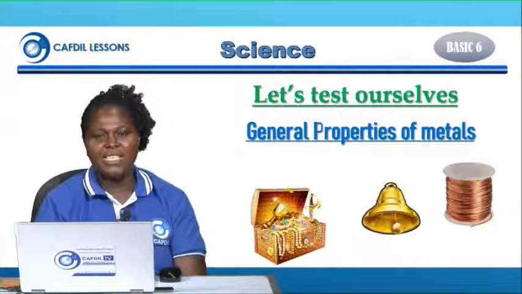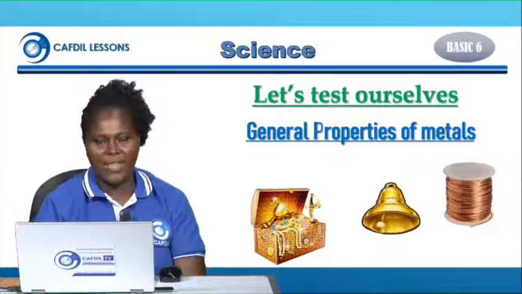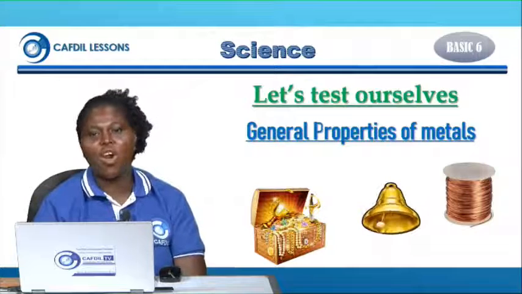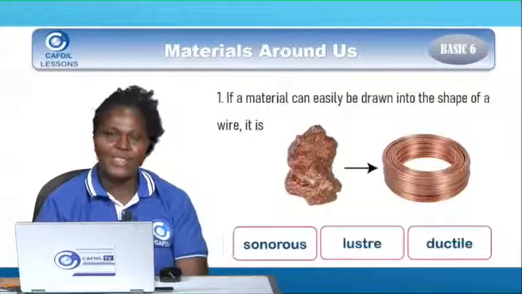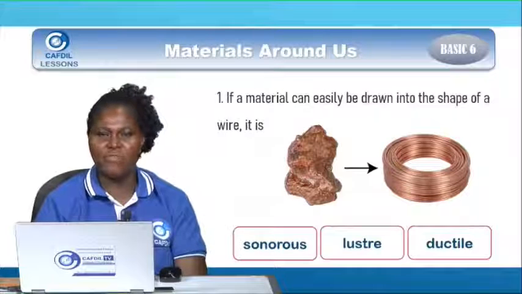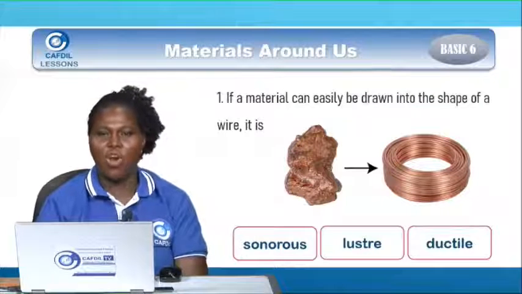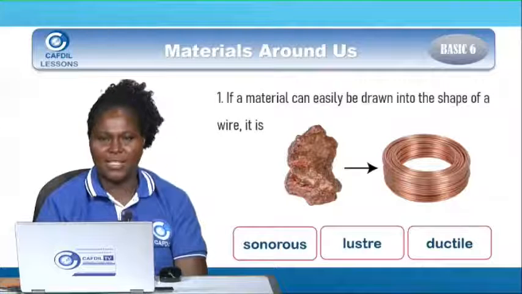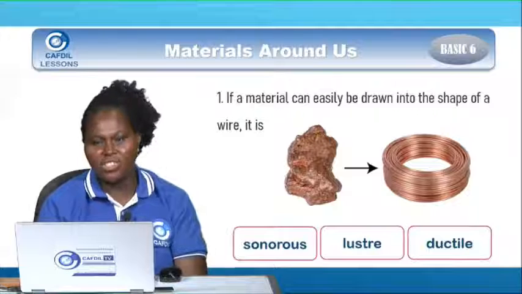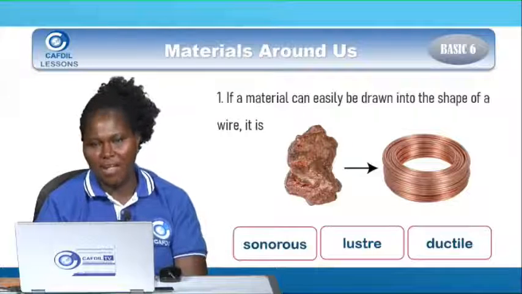Now, let's test ourselves on general properties of metals. Question number 1. If a metal can easily be drawn into the shape of a wire, it is: sonorous, lustre, ductile.